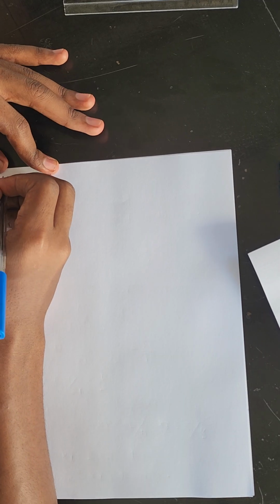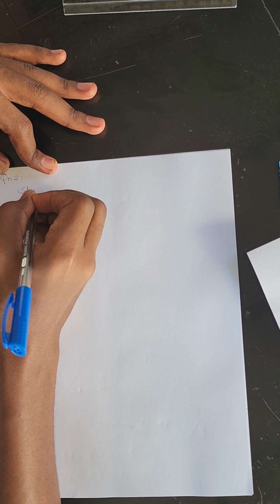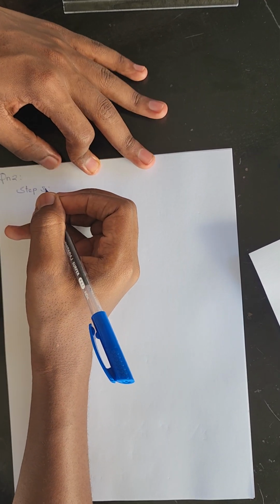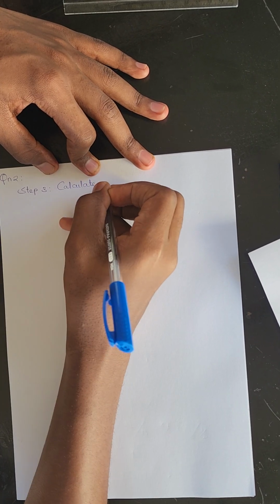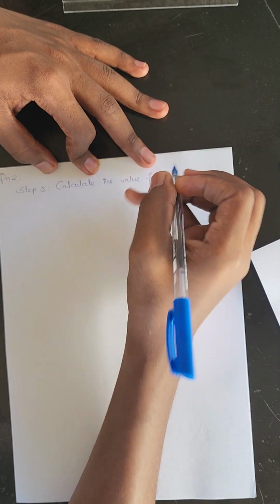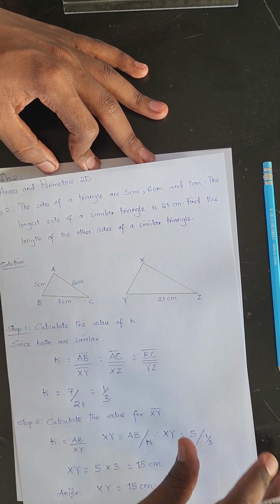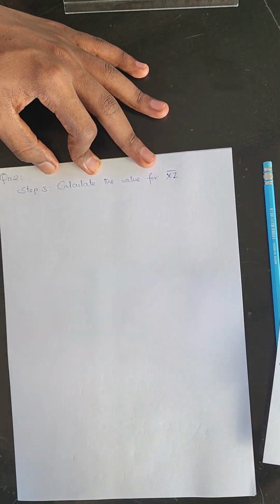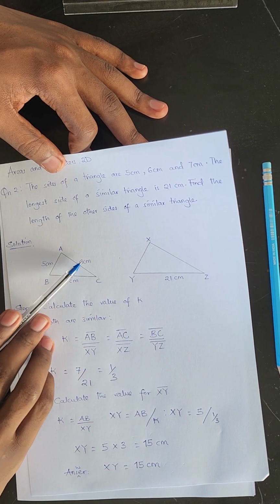Then we have, so this is question 2, step number 3. And now we're going to calculate the next value, which is XZ. Remember from our figure, XZ corresponds with AC, which is 6.